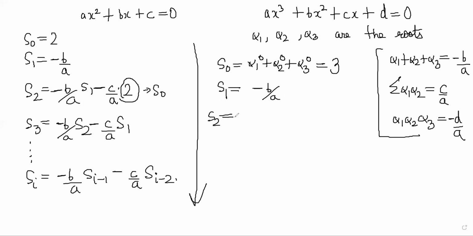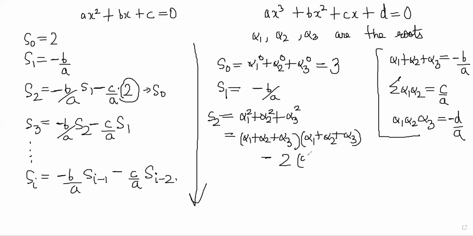S2 will be alpha 1 squared plus alpha 2 squared plus alpha 3 squared, which can be written as alpha 1 plus alpha 2 plus alpha 3 multiplied by alpha 1 plus alpha 2 plus alpha 3, minus 2 times alpha 1 alpha 2 plus alpha 2 alpha 3 plus alpha 3 alpha 1.